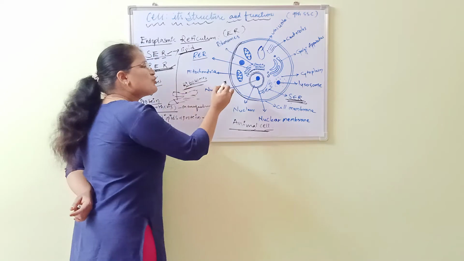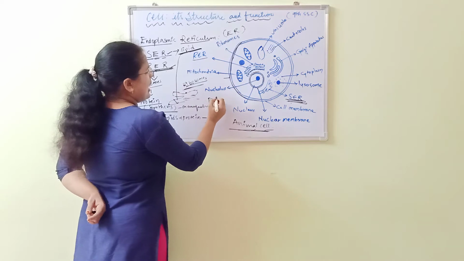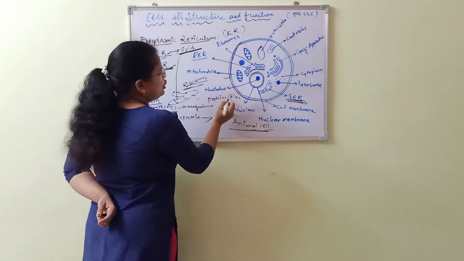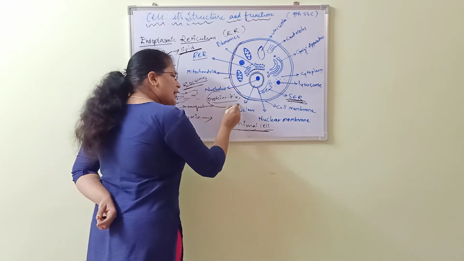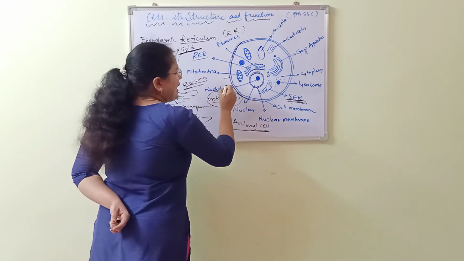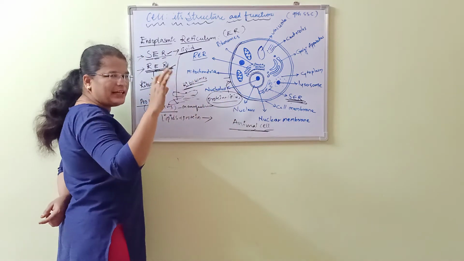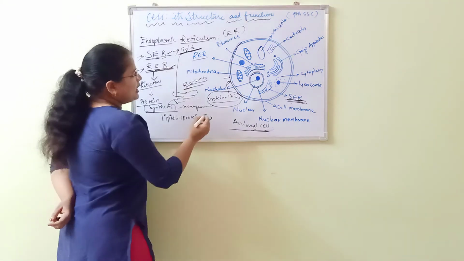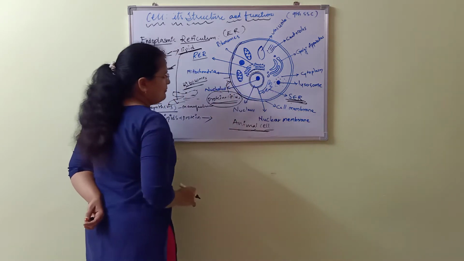For the formation of the plasma membrane, the proteins and lipids are generally used. It is due to the proteins and lipids only that the membrane is forming. If they are not there, there is no membrane around the cell. Understand? See, that is the function of the endoplasmic reticulum.